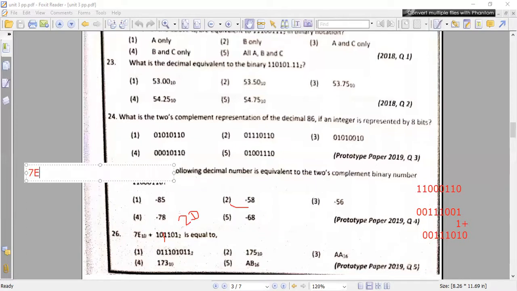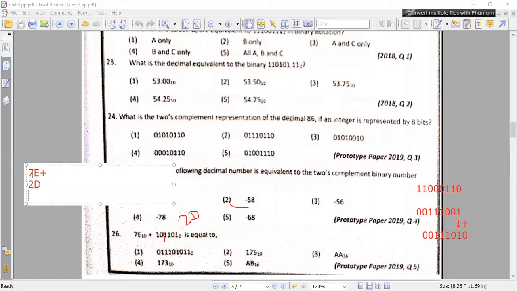7E plus 2D. When you add in hexadecimal values, D is 13, E is 14. When you add them together, you get 27, and 16 is there.